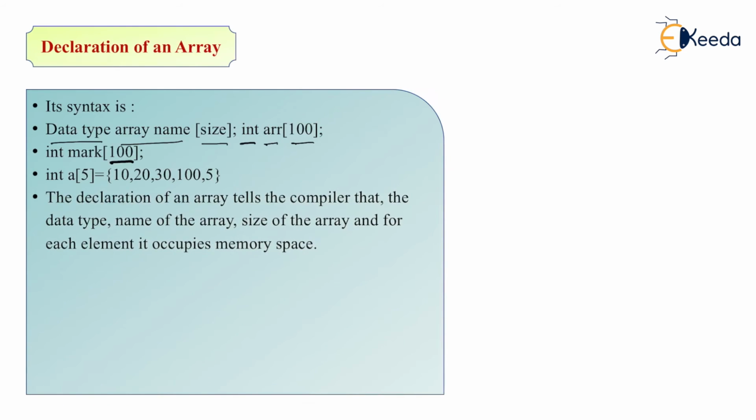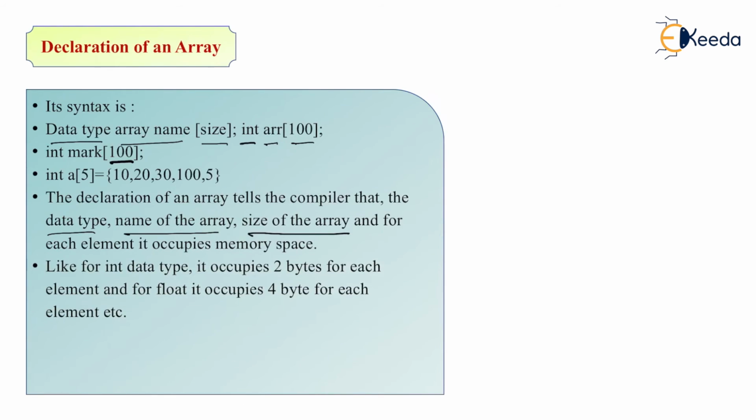The declaration of an array tells the compiler the data type, the name of the array, and the size of the array. And each element occupies memory space. Like for the int data type, it occupies 2 bytes for each element, and for float, it occupies 4 bytes for each element.